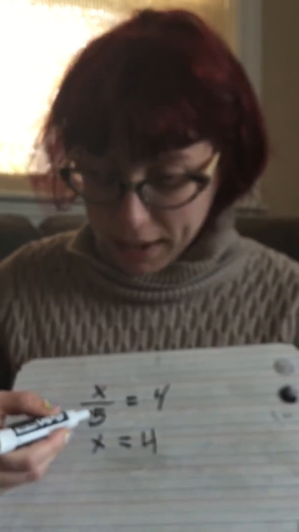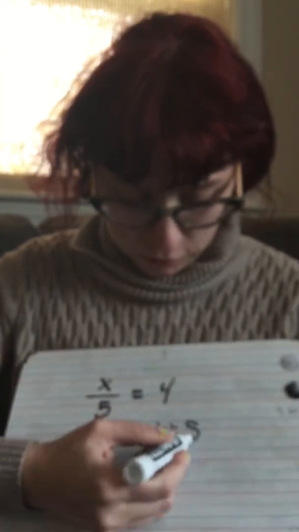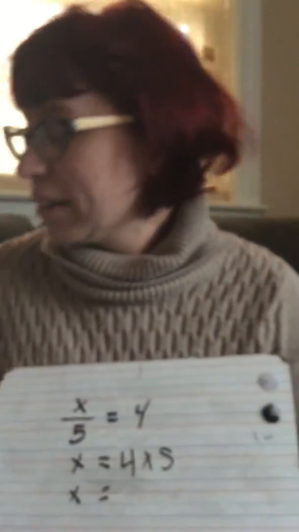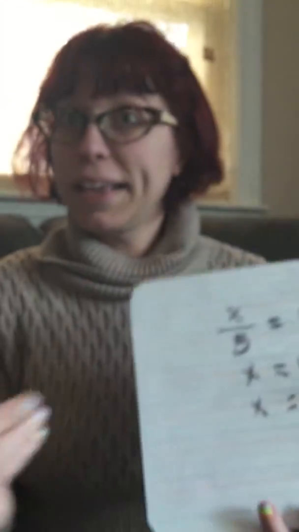So if this was divide, it's now times 5. So 4 times 5, using our hundredths chart if you need to, is 20. Nice and easy.